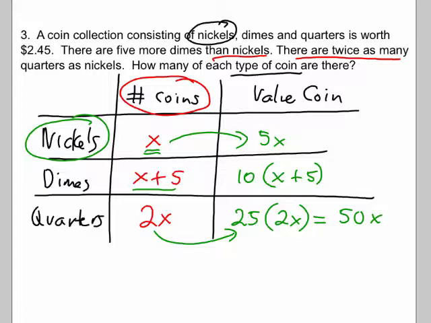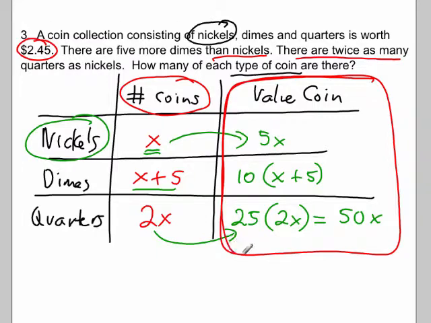Alright, the next step in the process is to make an equation using the piece of information I haven't yet used. And that piece of information is that together we have $2.45 in coins. In other words, our value altogether is $2.45.